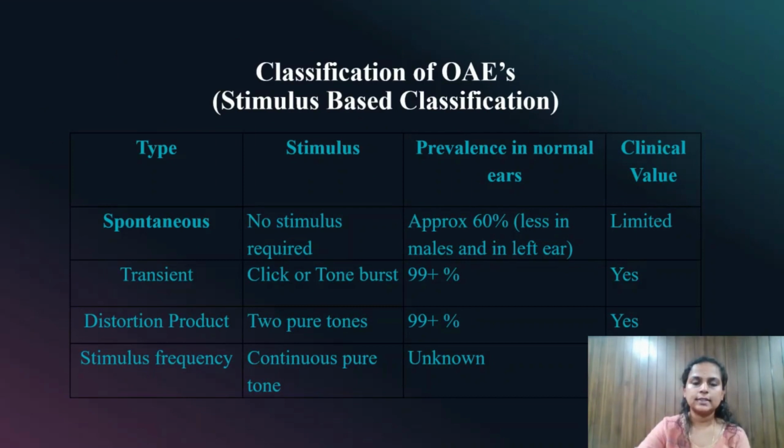The classification of OAEs is based on stimulus, and there are four types. Spontaneous OAEs: no stimulus is required for this, approximately 60% prevalence is seen in normal ears, and it has limited usage in clinical setups.